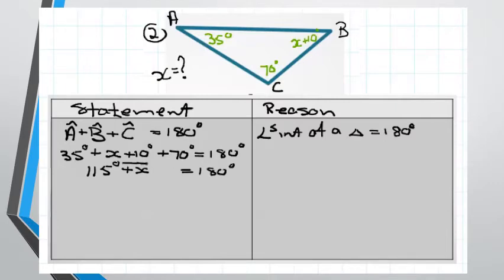Then I take the 115 to the right hand side, so x equals 180 degrees minus, and I have to be very careful, 115 degrees. So x is 65 degrees, as requested.